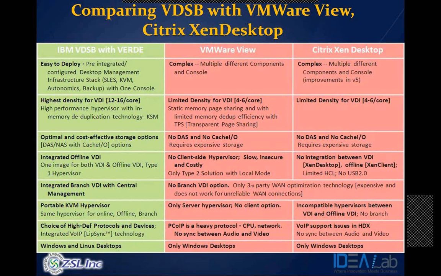VMware View and XenDesktop, because they are dependent on Type 2 hypervisors, when they're in offline mode or in the branch office, they have to do something different to support those features. And then there are 3 or 4 other advantages and differences. The last one is the Windows and Linux desktops. Linux desktops are supported by VDSB, PowerCube and XenDesktop.